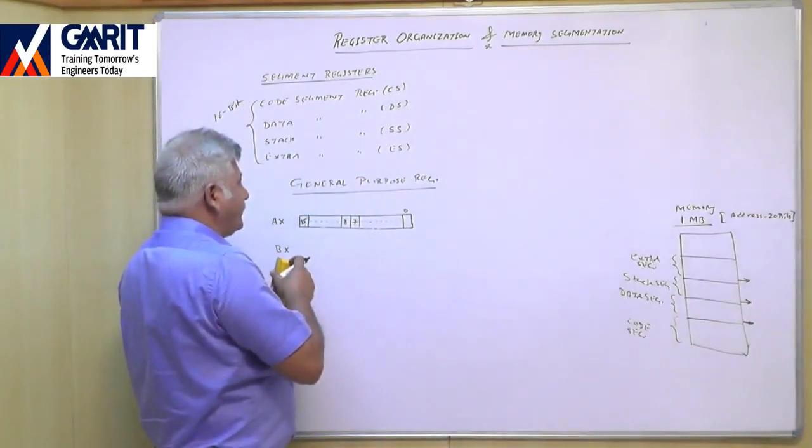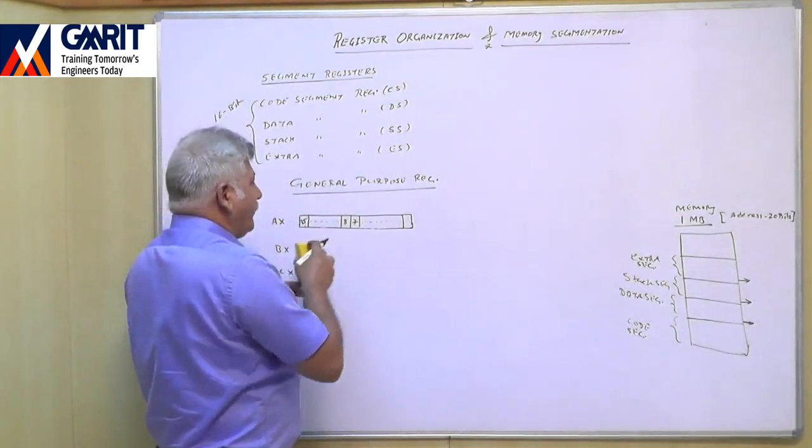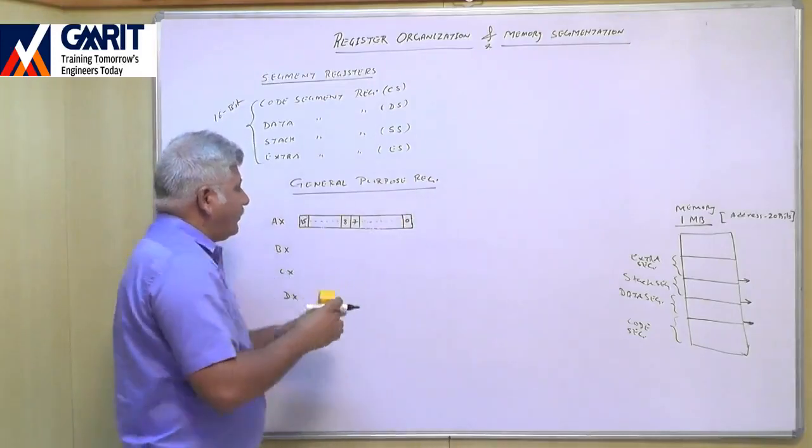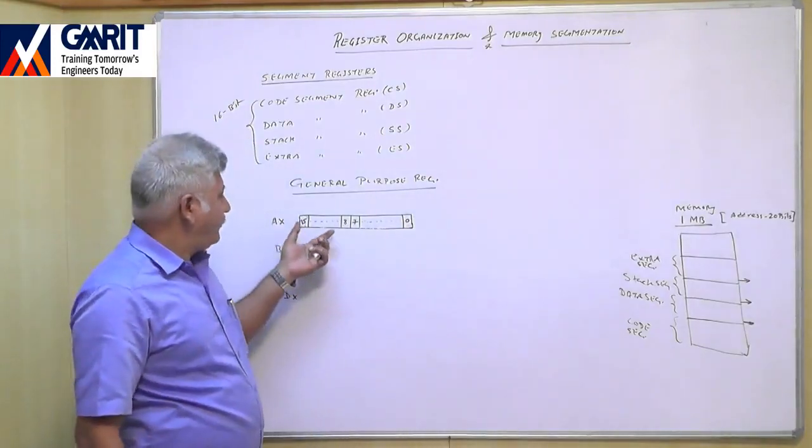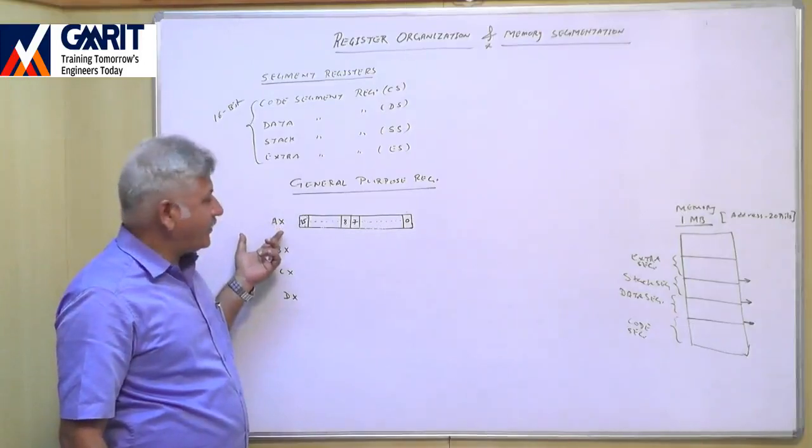From bit number 0 to bit number 15, there are 16 bits of the AX register.